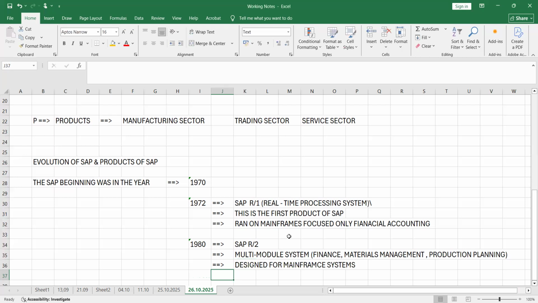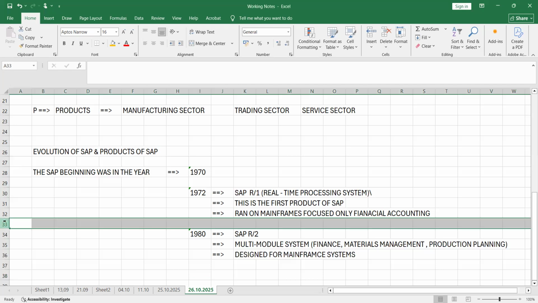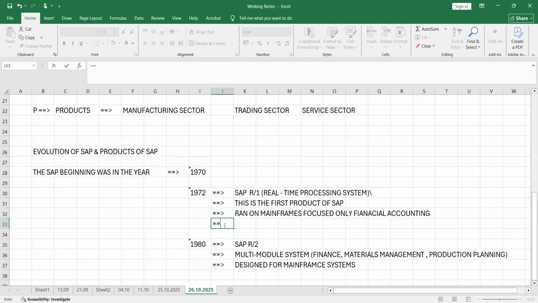Next, what is a disadvantage of the first product? SAP is a German based company. So how many languages did it support in the first product?